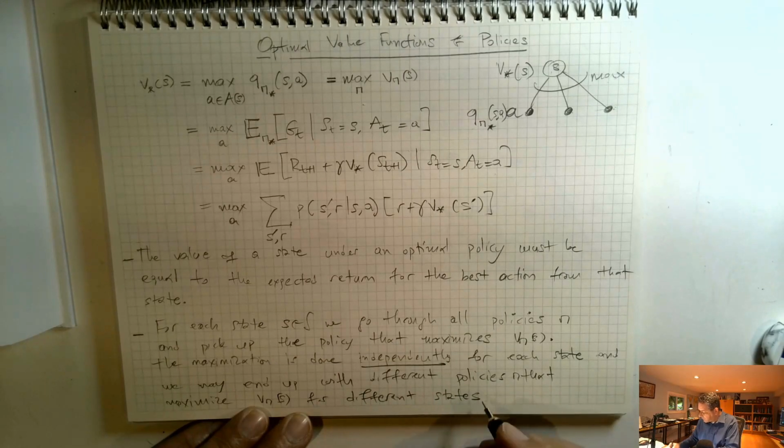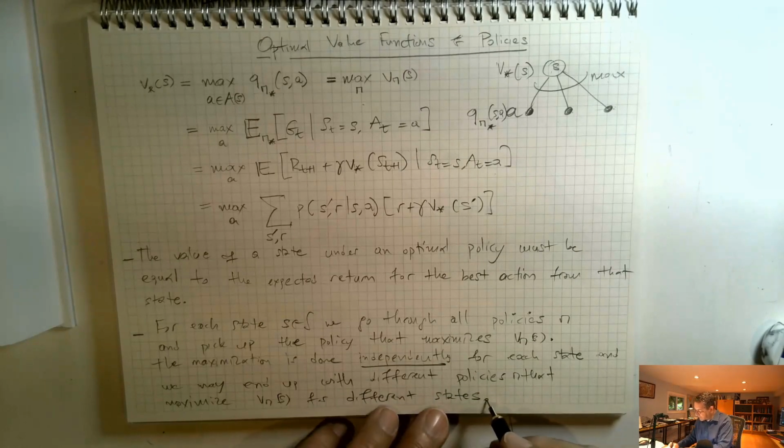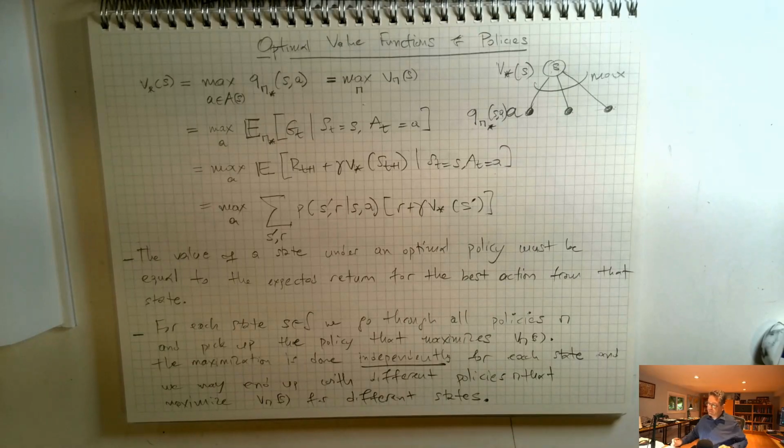And this is basically what we have seen in this cleaning robot example, where the policy left was optimal on, let's say, state 1, and the policy right was actually optimal in state 2.